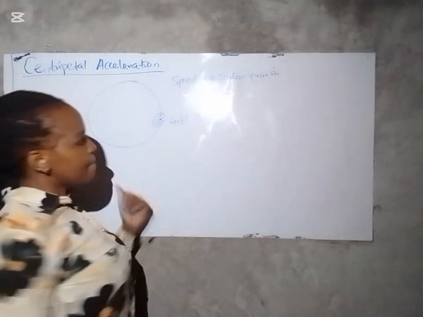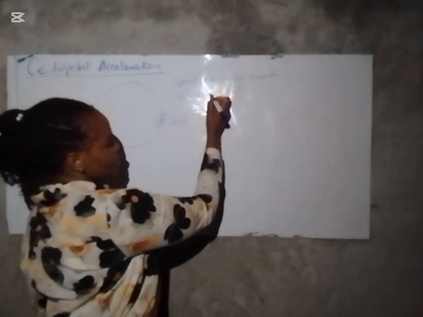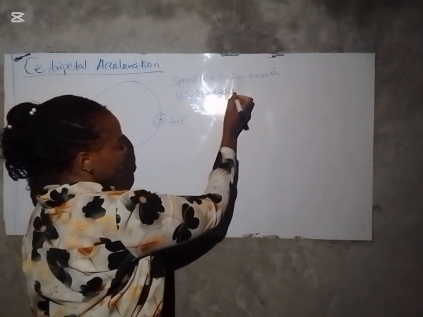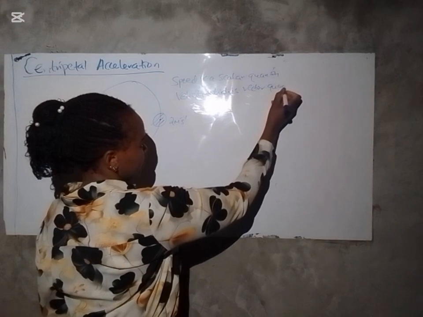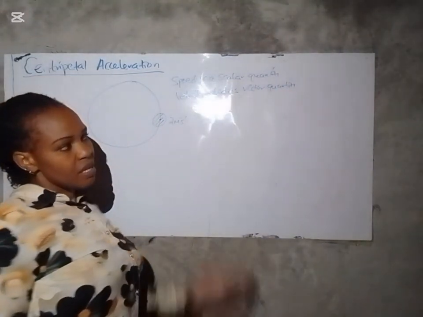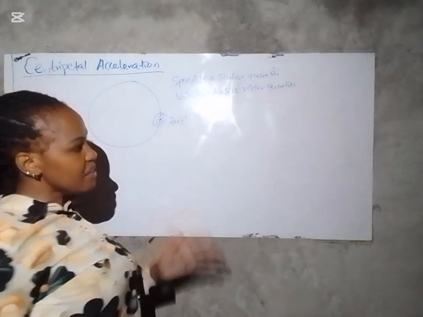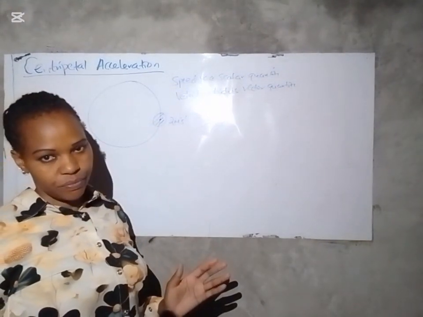But we have velocity, which is a vector quantity. By vector quantity we mean velocity, besides the magnitude, also has a direction.